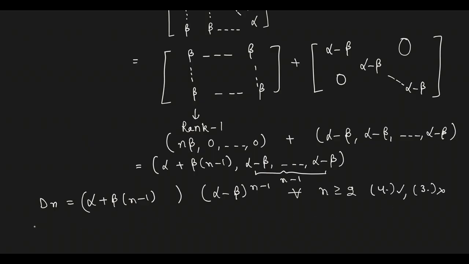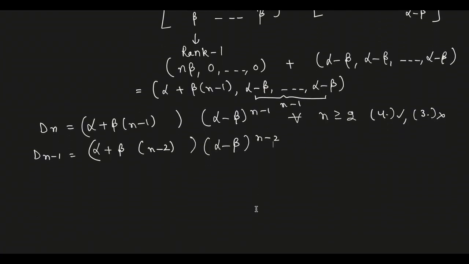Now let me find dn minus 1 also. So (alpha plus (n minus 2) beta) and (alpha minus beta) to the power n minus 2. So we can put these two values in option 1. Dn is equal to alpha minus beta times dn minus 1 plus beta.